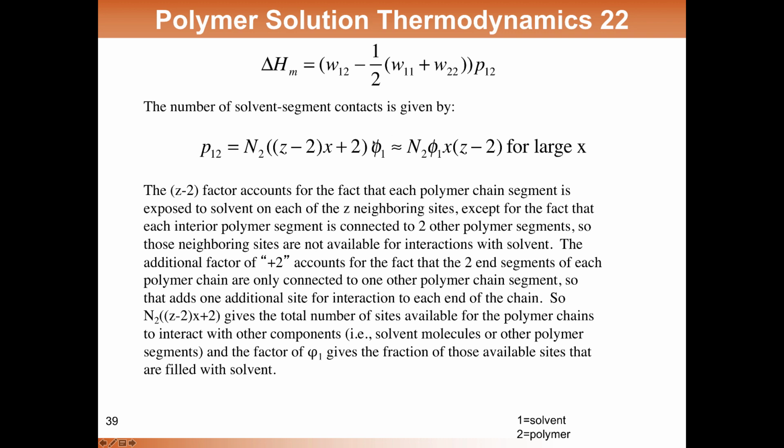And when there's a lot of polymer in there and the volume fraction of solvent is low, then some of the polymer segments are going to be next to polymer segments on other chains and not next to solvent molecules. That's what this last factor reflects. And then he made the approximation shown here, neglecting basically the 2 for large, high molecular weight polymers, so high degrees of polymerization.